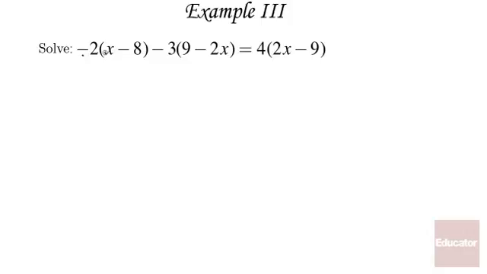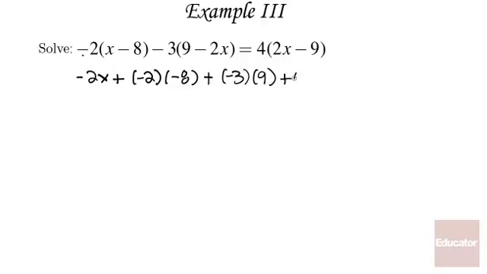So negative 2 times x gives me negative 2x plus negative 2 times negative 8, actually let's do plus negative 3 times 9 plus negative 3 times negative 2x equals 4 times 2x plus 4 times negative 9.